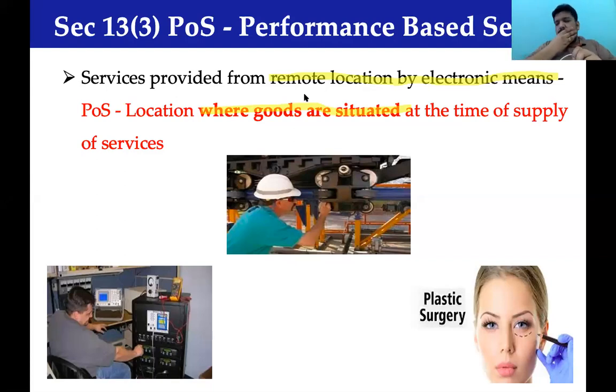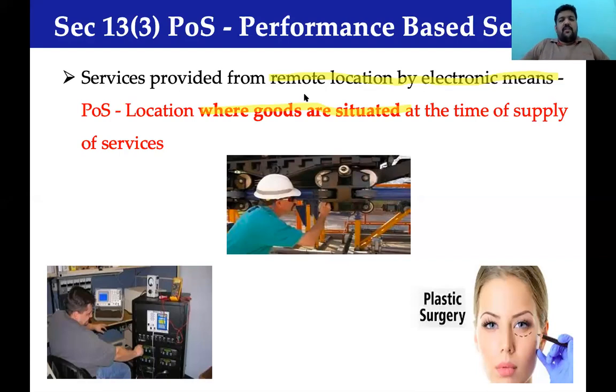No, everyone will sit here. Virtually, they will go and configure the mainframe server located over there. Is it possible? Yes, possible. Then it is very simple: the place where the information technology asset is located will become the place of supply.